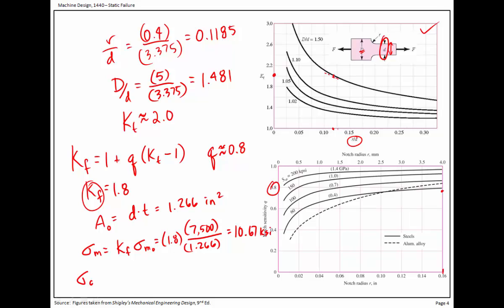And we find that the alternating stress is similarly found with the correct forces, and it's going to be 17.78.